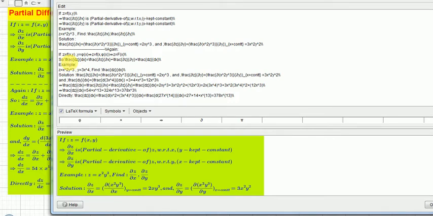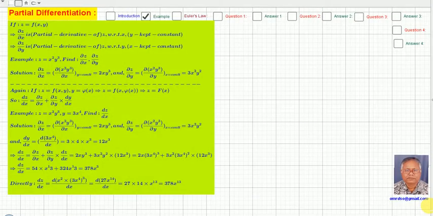So, del z/del x is equal to del z/del y into dy/dx. In fact, it is dy/dx. All right. So what I tell you is, dz/dx is equal to del z/del x plus del z/del y into dy/dx.